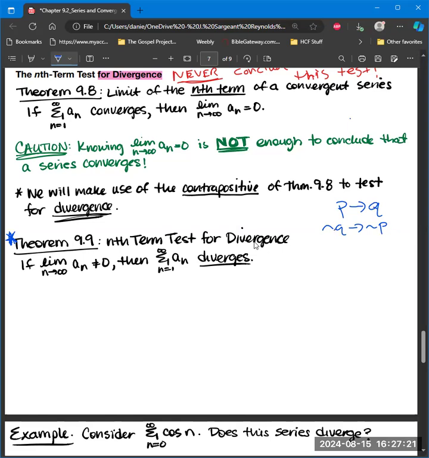But if the limit doesn't go to 0, then it's definitely not convergent. We can only conclude that it's not convergent; we can't conclude that it is convergent. So if the limit of a sub n as n goes to infinity is not 0, then the series of a sub n as n equals 1 to infinity diverges.